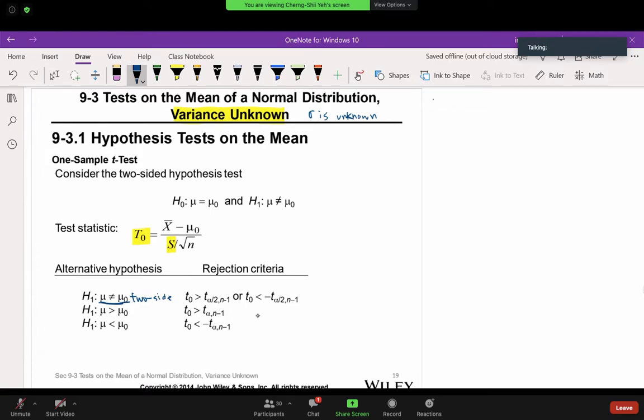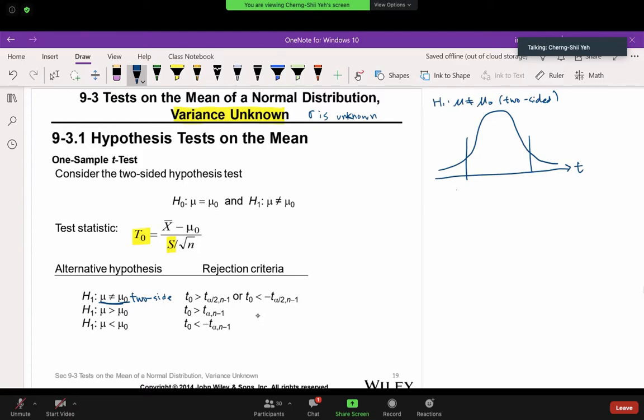So let's look at the first case. When I write the alternative hypothesis is that mu does not equal a value of mu 0, that means this is a two-sided. In other words, this is my t distribution. I'm going to have a lower bound and an upper bound.